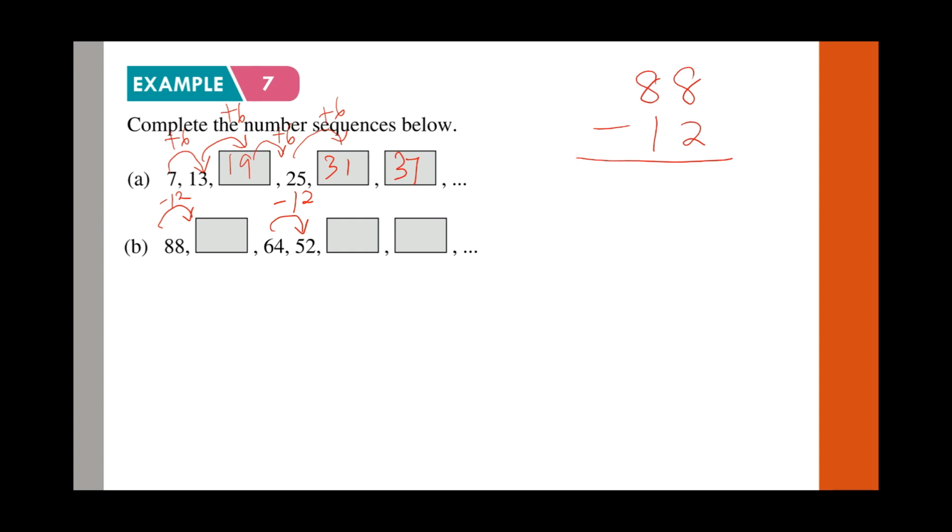So it's supposed to be 76. We minus 12 from 76, we get 64. Correct, right? And then 52.